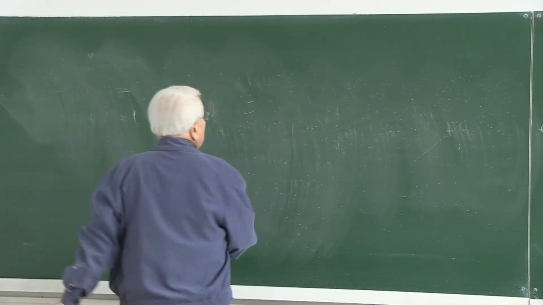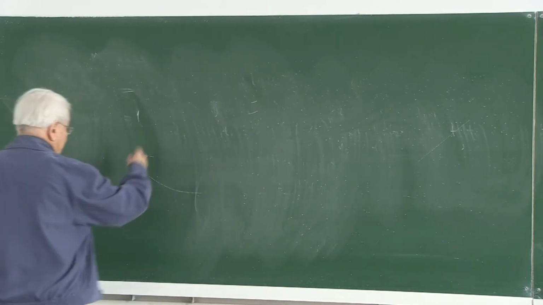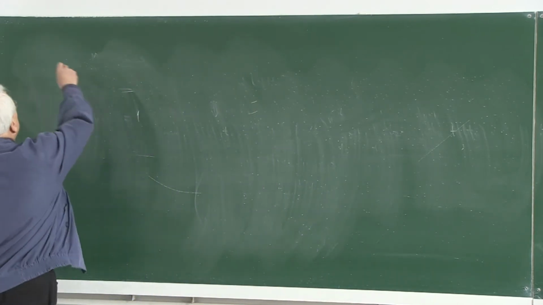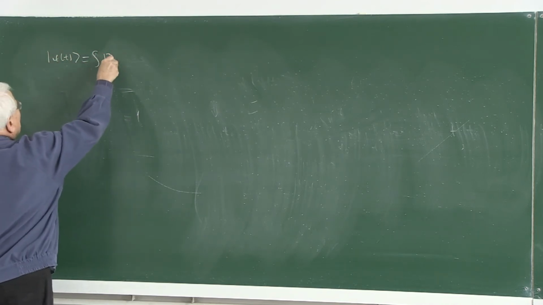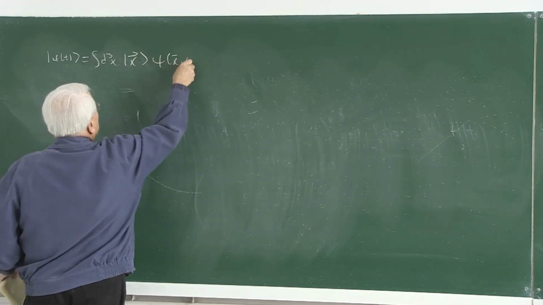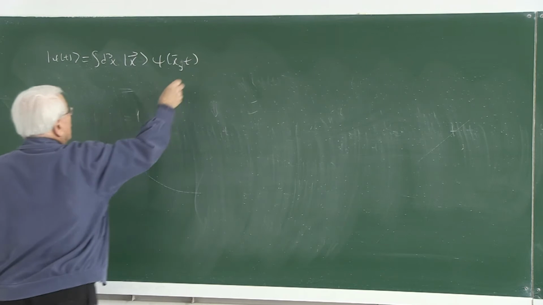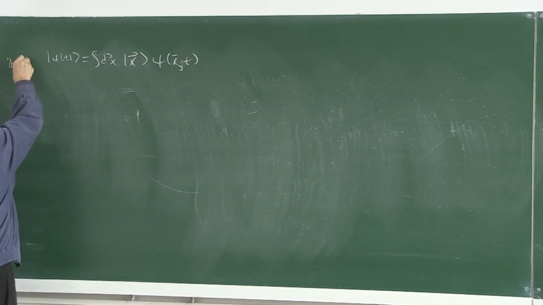Here is the equation I have already written down. I started with psi of t equal to the integral d cube x, |x>, psi(x,t). So what do I have to do in order to use the previous equation? I have to act on it with this.